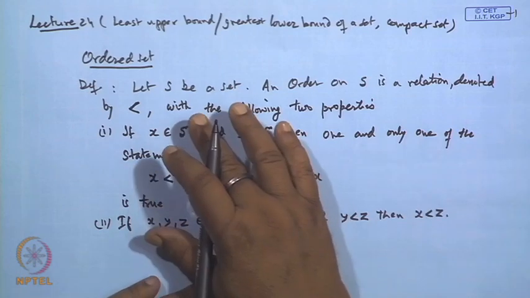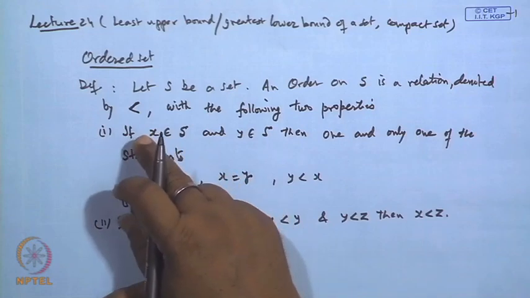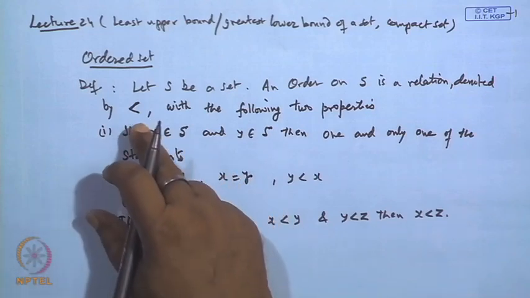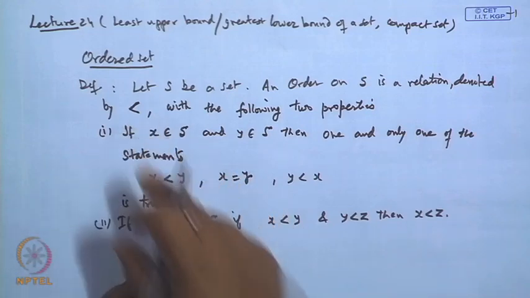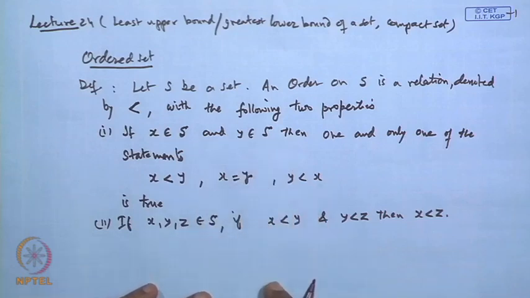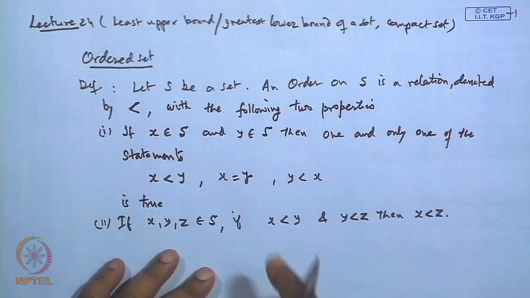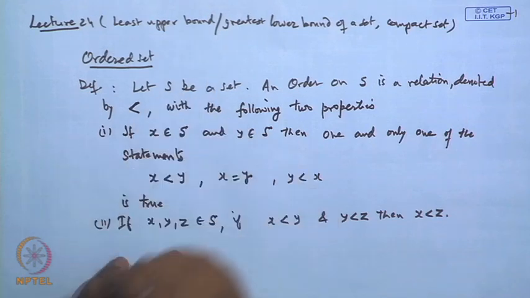So, if a set S together with this relation, the less than sign, satisfies these two properties, then we say that this is an order on S.